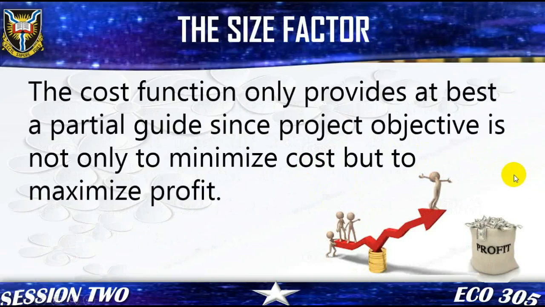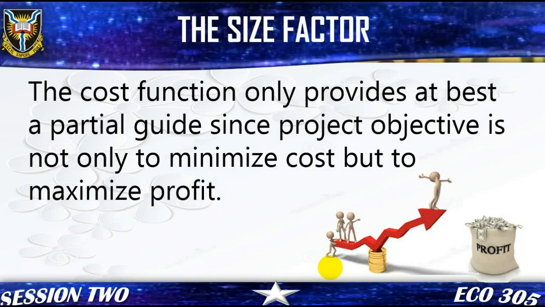The cost function only provides, at best, a partial guide since the project objective is not only to minimize cost but to maximize profit. It is only when demand is constant that cost minimization occurs. But since demand is rarely constant over time, there is the need to provide a size which will maximize profit over time.